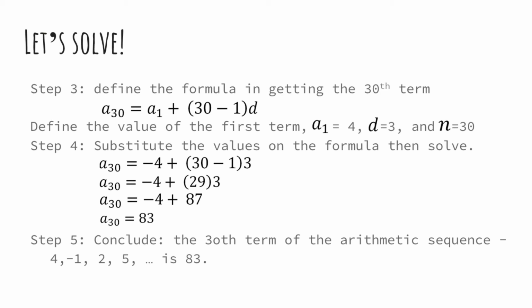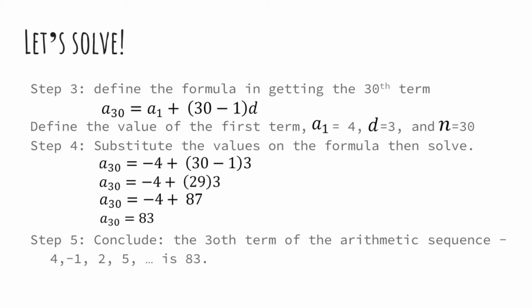Next, for step 4, we have to substitute the values in the formula and then solve. Since our formula for any given term is a sub n is equal to a sub 1 plus quantity n minus 1 times d, we now have this solution. We have a sub 30 is equal to -4 plus quantity 30 minus 1 times 3.